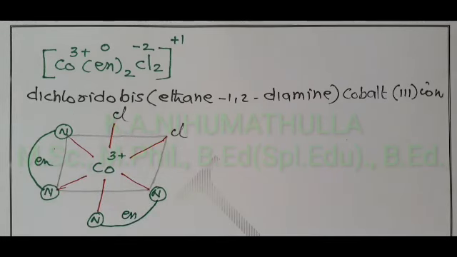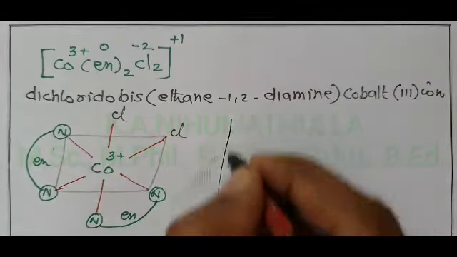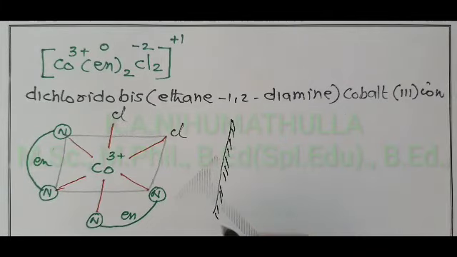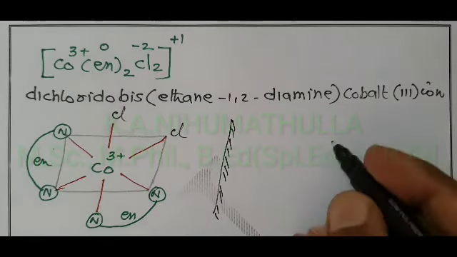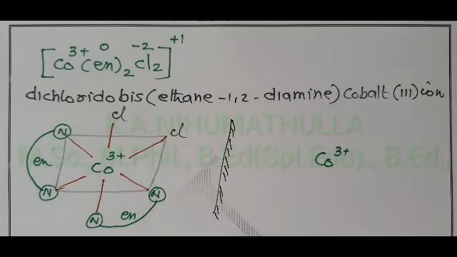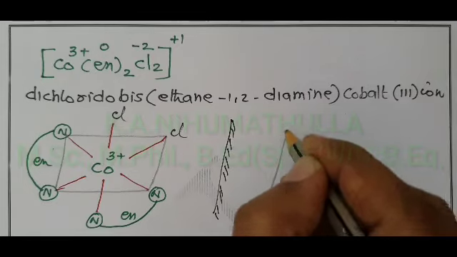Now we are going to draw the mirror image of this cis isomer. This is called cis-dichloridobis(ethane-1,2-diamine)cobalt(III) ion, central metal ion cobalt, Co 3 plus ion. We are going to draw the octahedral complex.